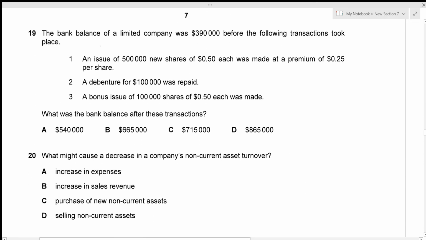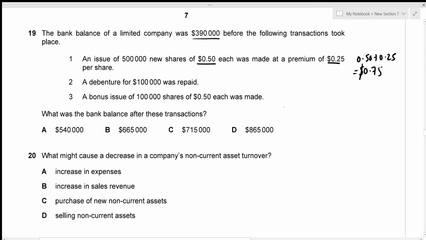The bank balance of a limited company was 390,000 before the following transactions took place. We need to figure out the bank balance after these transactions. The first one is an issue of 500,000 new shares of 0.50 each, made at a premium of 0.25 per share, which means that the shares were issued at 0.50 plus 0.25, which is 0.75.